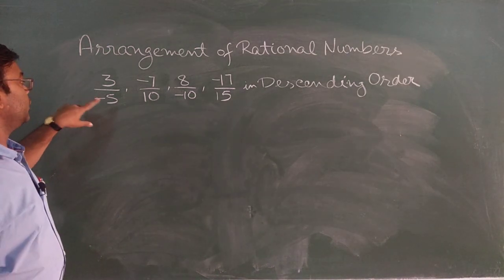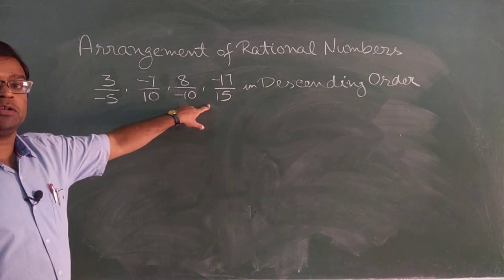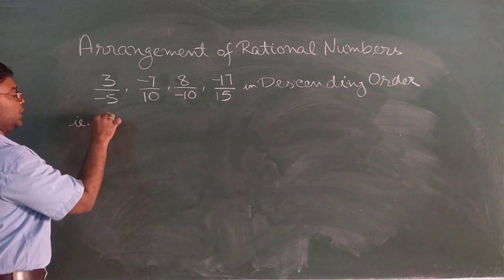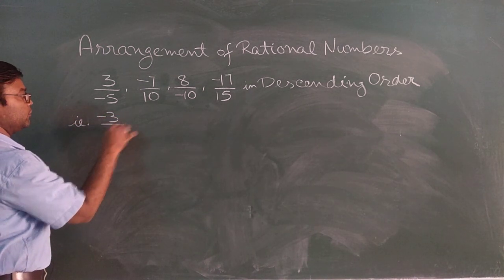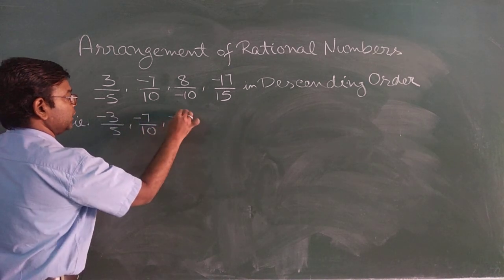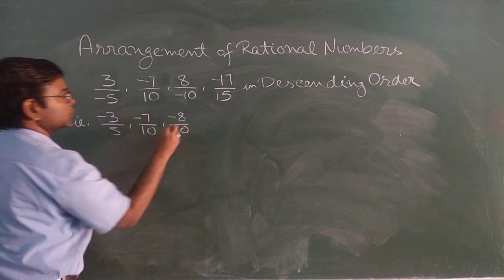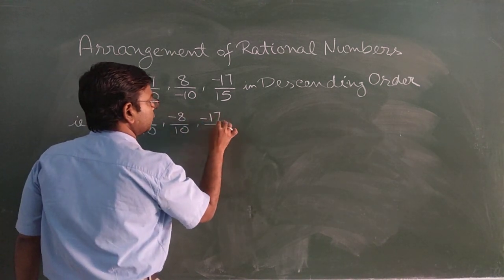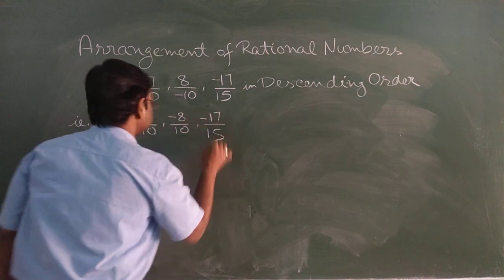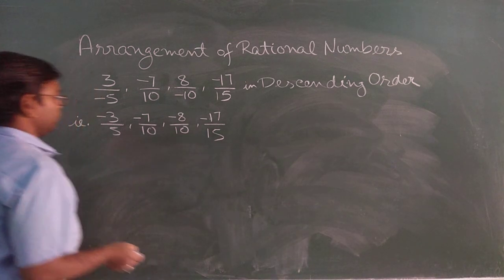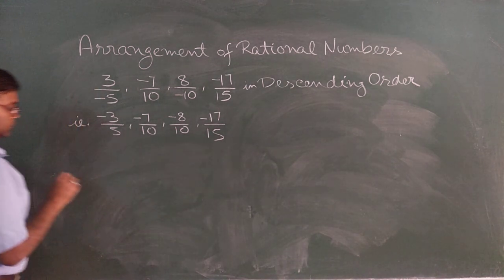First work, we have to convert all the denominators into positive form. So we can write minus 3 upon 5, minus 7 upon 10, minus 8 upon 10, minus 17 upon 15. So try to find the LCM of these four.